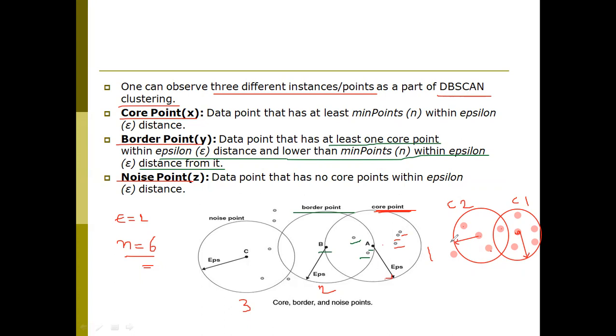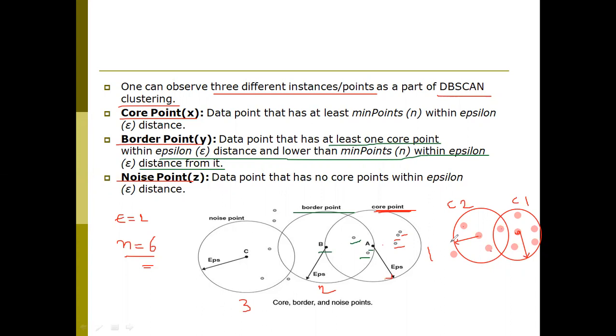Why? Because it doesn't have 6 data points, right? But if it is not a core cluster, then you may call it a border cluster, when it also satisfies the second condition. What is the first condition?